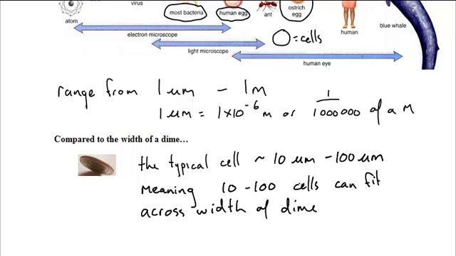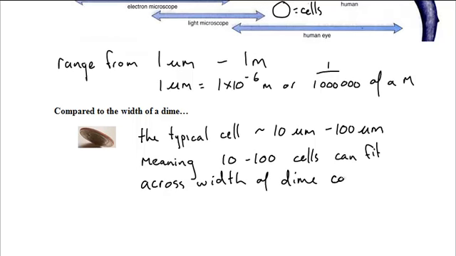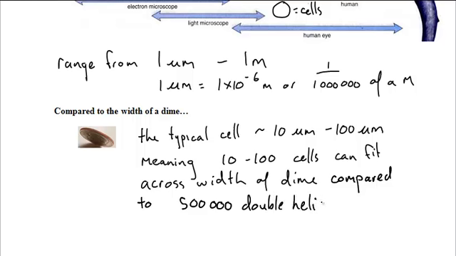Now if we think back to DNA, that's compared to half a million double helixes, and plural for helix is actually helices, that can fit across the width.